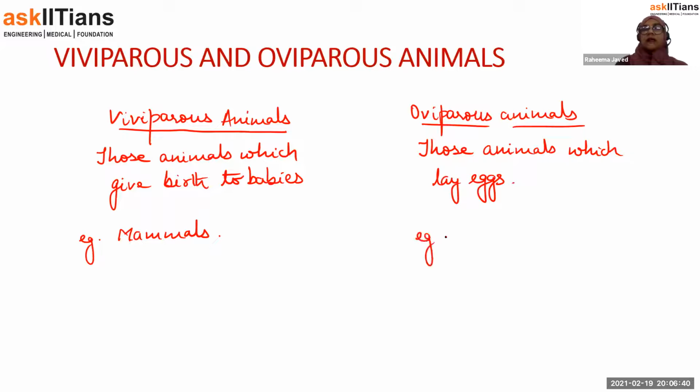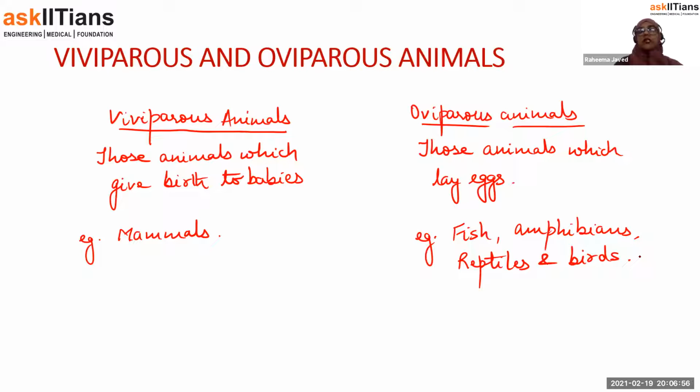Examples starting from fishes, amphibians, reptiles also are included, and birds. Birds also lay eggs. And an exception among the mammals, like I said, is the duck-billed platypus, which is an oviparous animal. So these are the two types of animals, viviparous and oviparous.